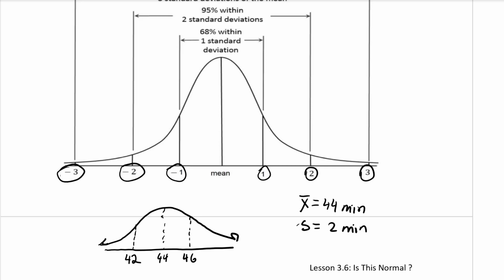So basically, if you make a step to the right and a step to the left with the size of the standard deviation, then listen to this. This will make it very clear. Once you make that step, that means 68% of the time when she commutes, her commute will be between 42 and 46 minutes.